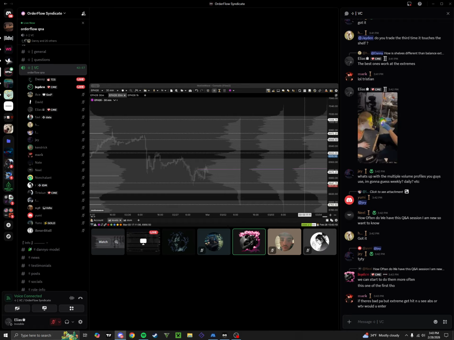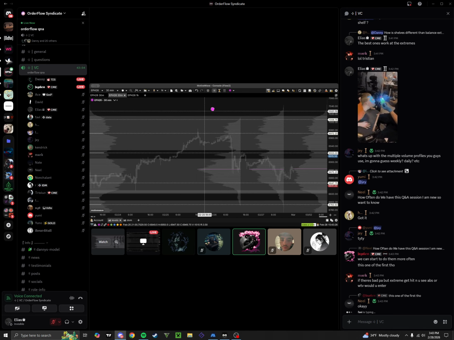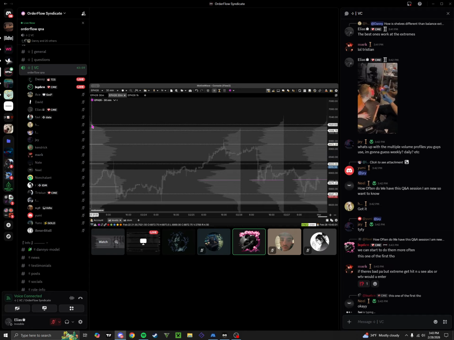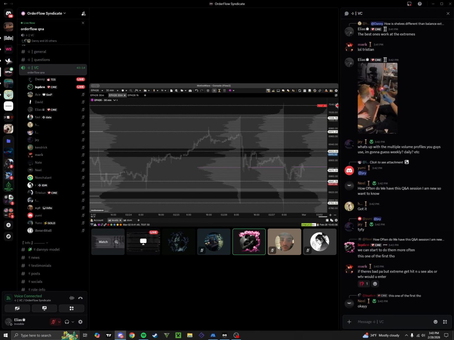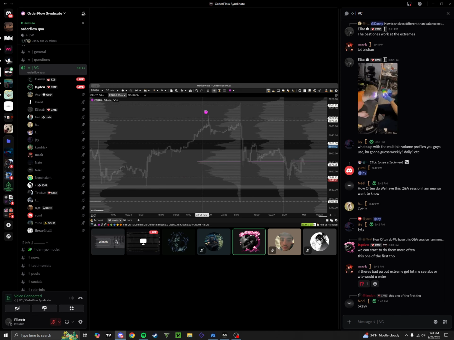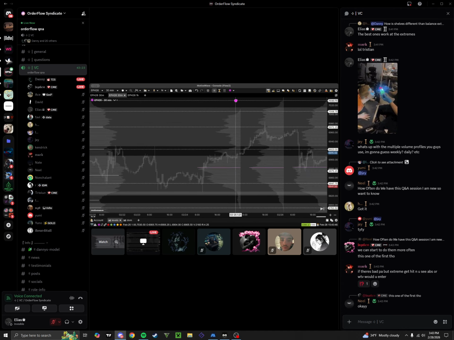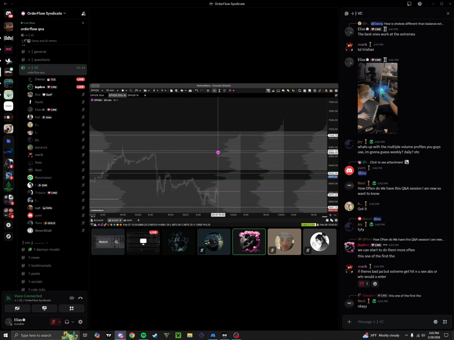Also for the multiple volume profiles. Mainly, I kind of explained this last night too. The main one I'm looking at is the left one. It's the yearly. Obviously, like Danny said earlier, you want to prioritize higher time frame balances. Those tend to hold more important levels that tend to play out more, as opposed to smaller balance areas like on the weekly.